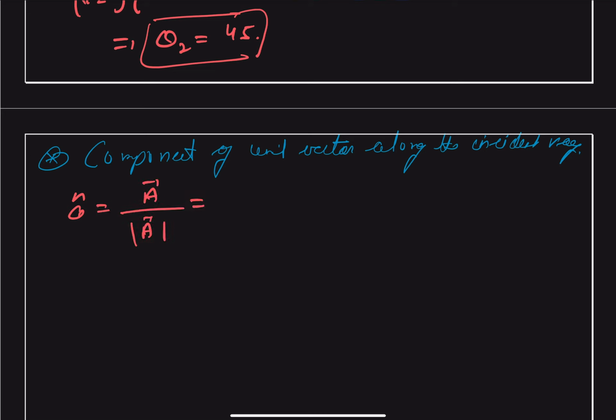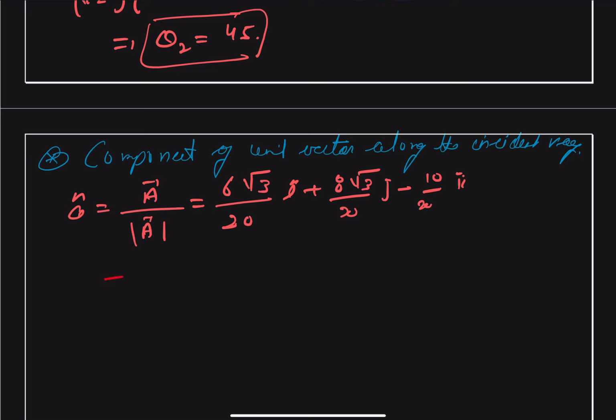So we get this as 6 root 3 divided by 20 i, plus 8 root 3 divided by 20 j, minus 10 divided by 20 k unit vector.